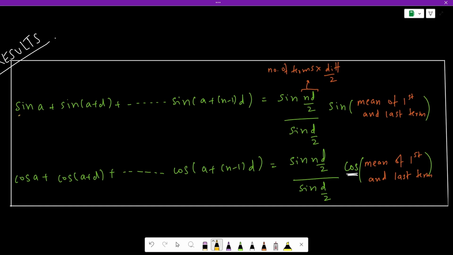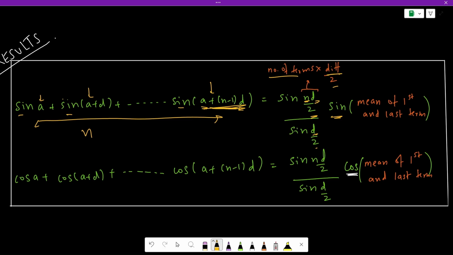If you have a sine series with angles in AP with first term A, common difference D, and n terms, that is equal to sine of number of terms into common difference by 2, divided by sine of common difference by 2, into sine of the mean of first and last term. What do I mean by mean of first and last term? It is first plus last divided by 2, right?